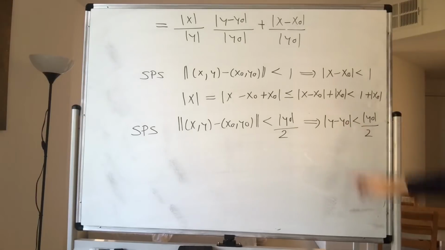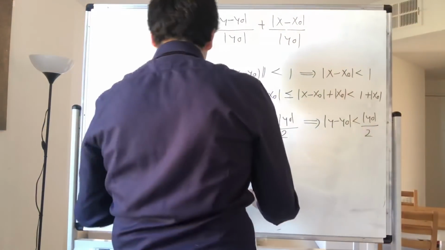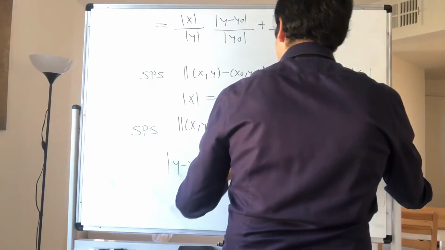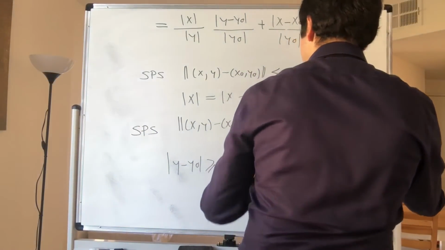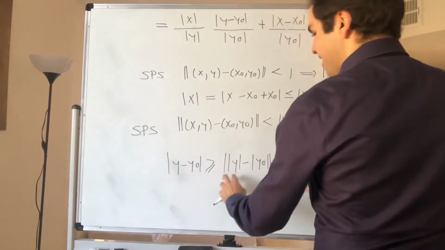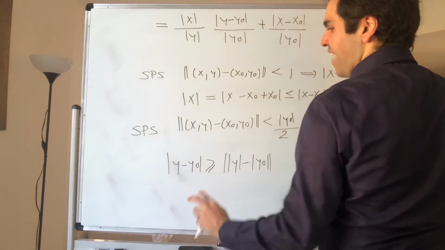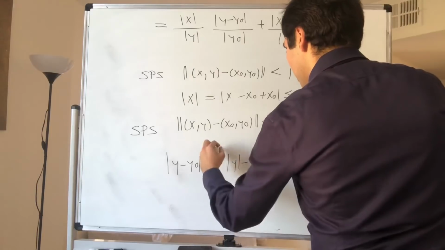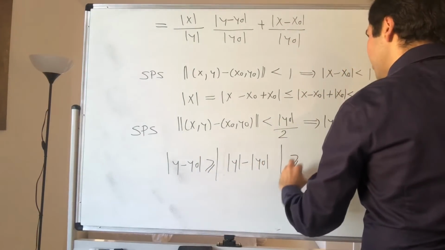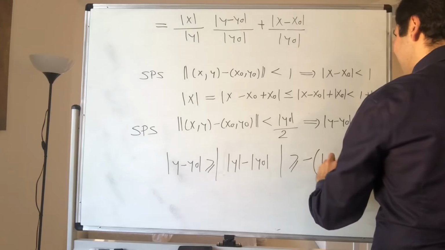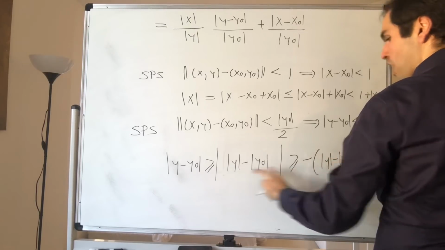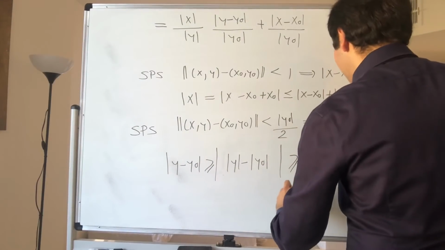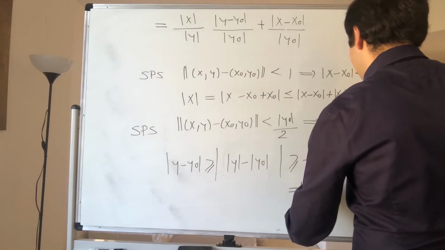Okay. Now why is that useful? Well, remember the reverse triangle inequality. |y minus y naught| is greater or equal to ||y| minus |y naught||. And that's greater or equal, again, that's the absolute value of the difference of absolute values. Do not confuse it with that. Like this. And that's greater or equal to |y naught| minus |y|. Okay, absolute value of x is always greater or equal to minus x. And that becomes |y naught| minus |y|.